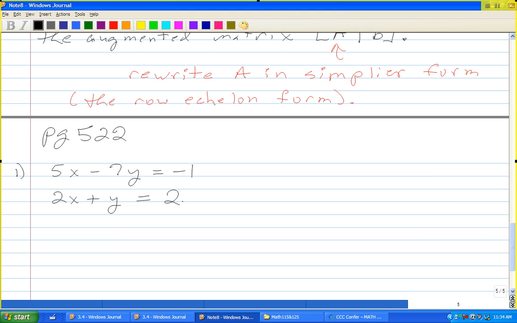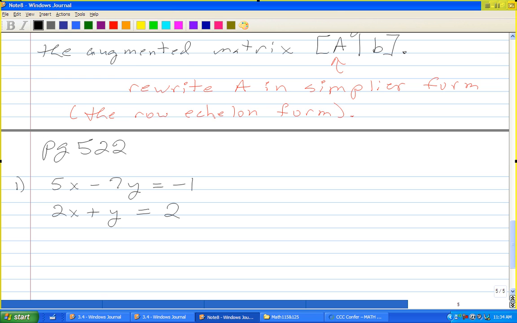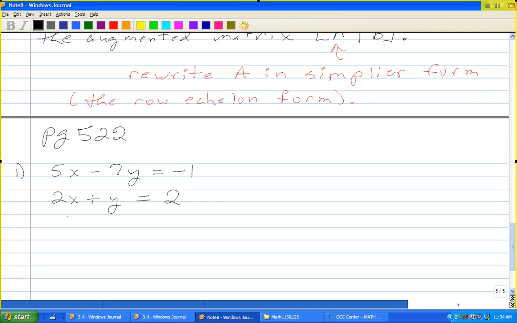So first, let me actually write it in the matrix form. And so let me write down the coefficients. 5, 2, -7, 1. Let me write down the variables, x, y. And let me write down the non-homogeneous part, -1, 2. So this is called the matrix form.